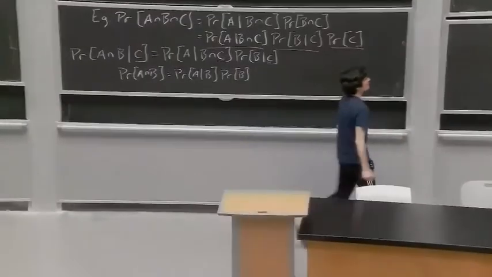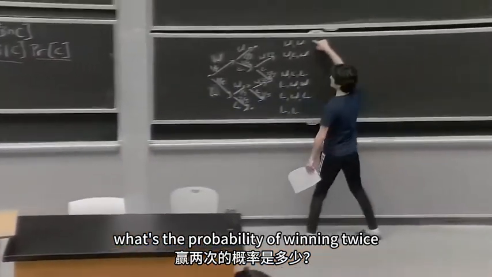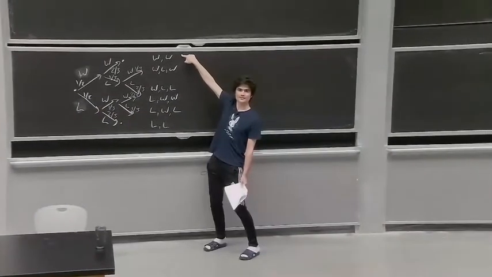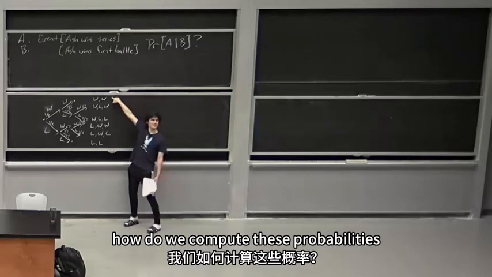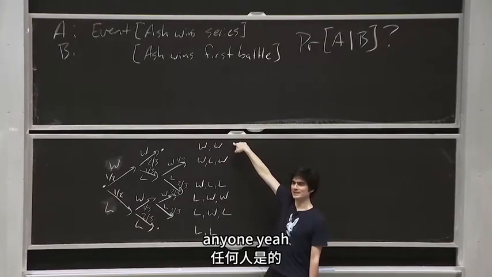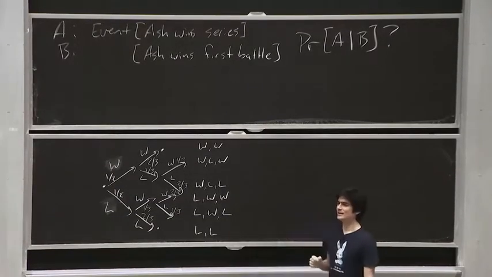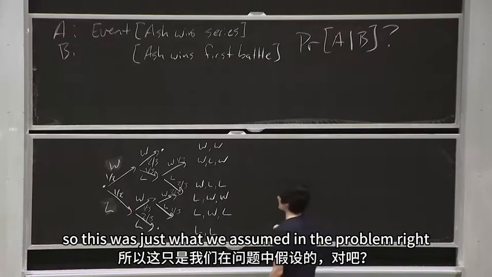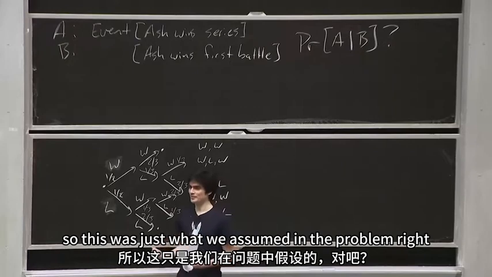What's the probability of winning twice? How do we compute these probabilities? So this was just what we assumed in the problem, right?